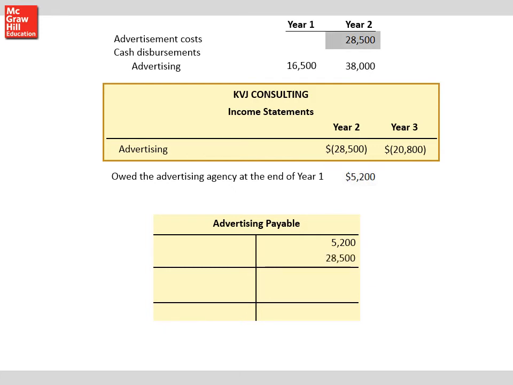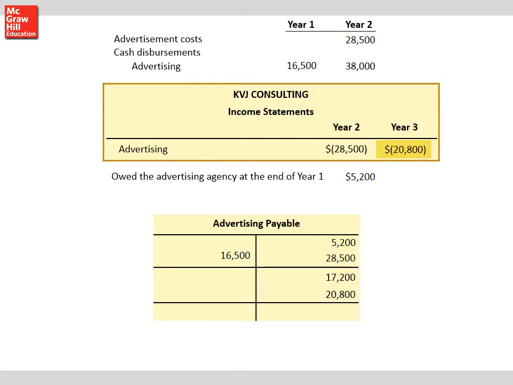During year 2, they incurred advertising costs of $28,500 and they paid $16,500 of it. So if we add the credits, subtract the debits, the balance is $17,200 that would be owed at the end of year 2.